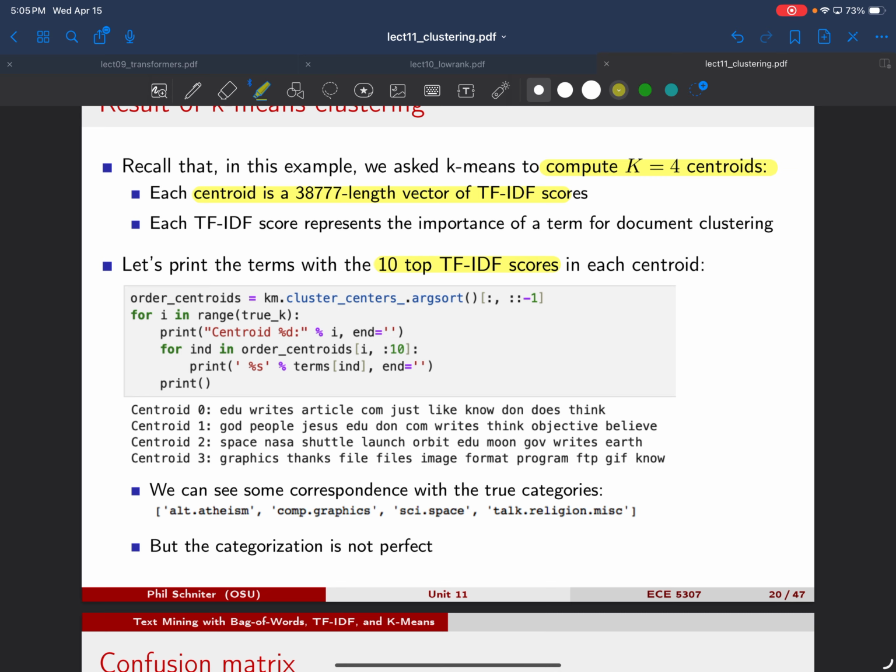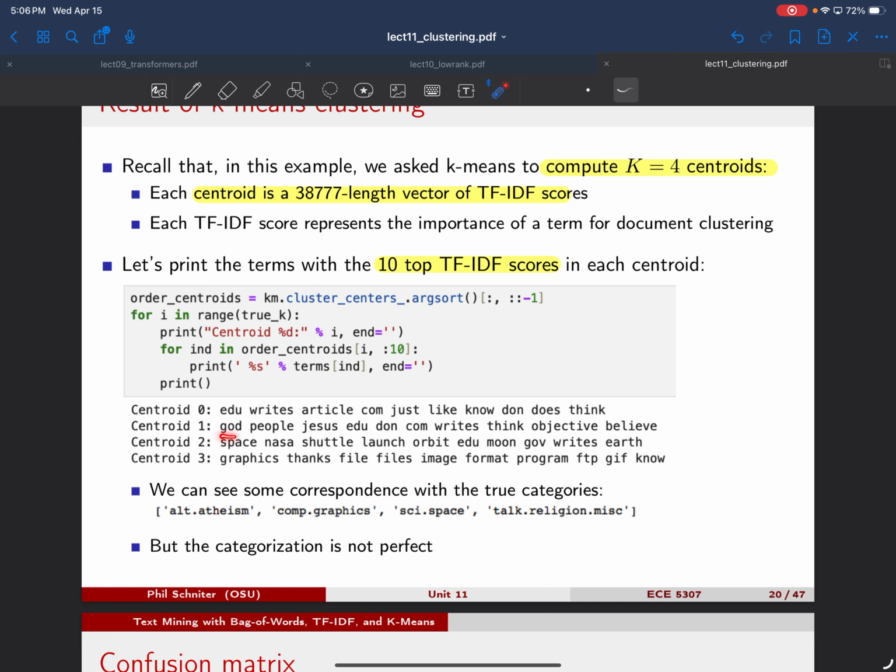Let's look at centroid 3 first. The 10 most important terms are almost all associated with computer graphics. Centroid 2: space, NASA, shuttle, launch, orbit, closely associated with space.